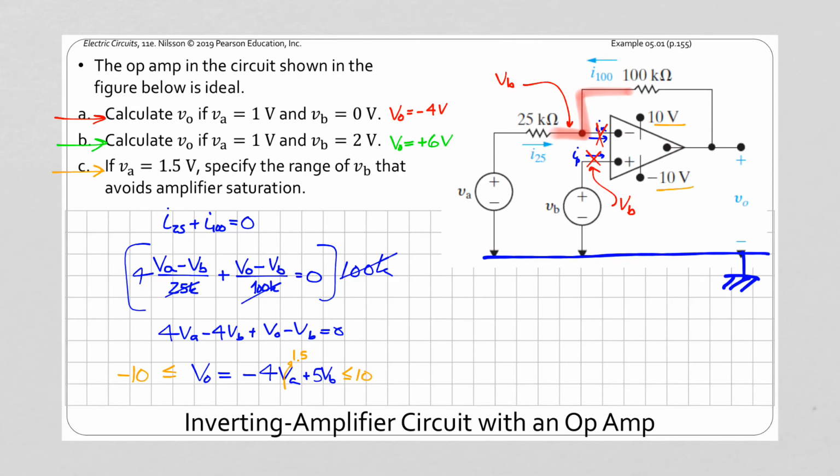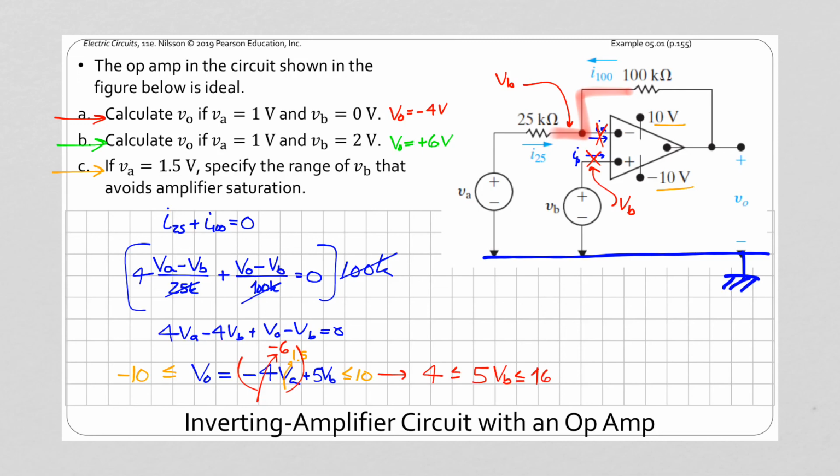So we can look here, negative 4 times 1.5. This term right here is a negative 6. I can add 6 to each term. Negative 10 plus 6 is going to give me negative 4. When I add 6, it's going to eliminate that term in the middle, and when I add 6 to the other side, I'll get 16.